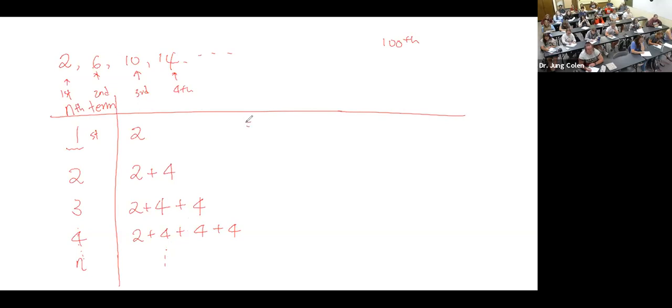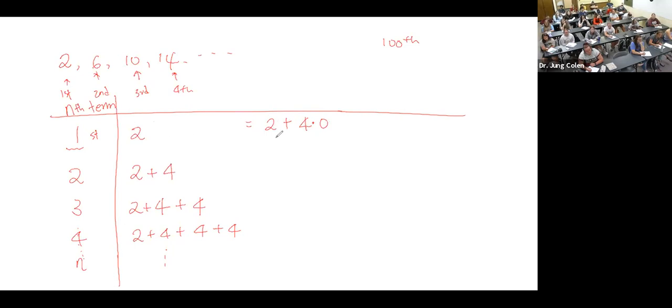So if I rewrite this, this is the same as 2 plus. That 2 plus is not changing. Do you see that? What is changing is how many 4s are added. So I'm going to have some relationship with 4 here too. I just have 2 here, so can I just multiply this 4 by 0? 4 times 0 is 0, and 0 plus 2 is 2, so it is still equal.